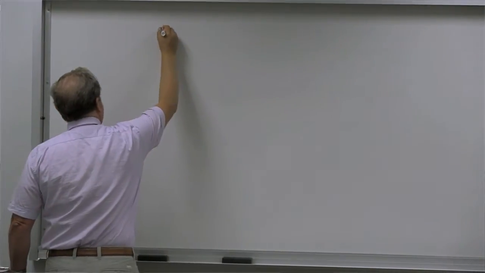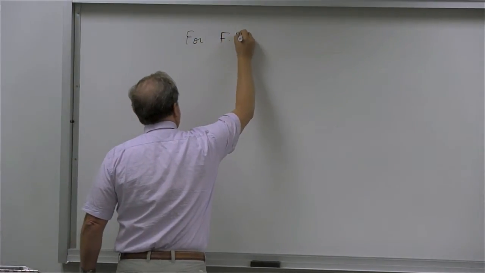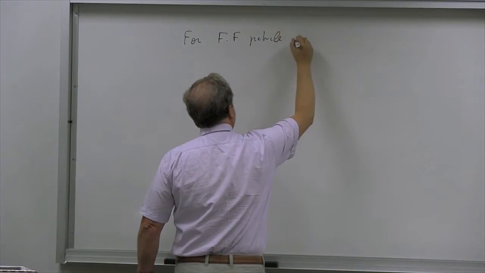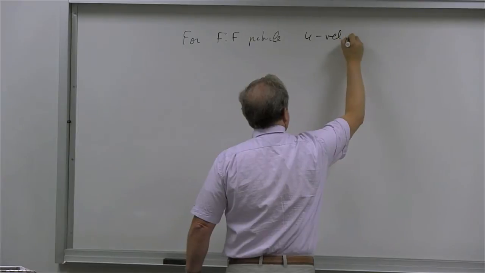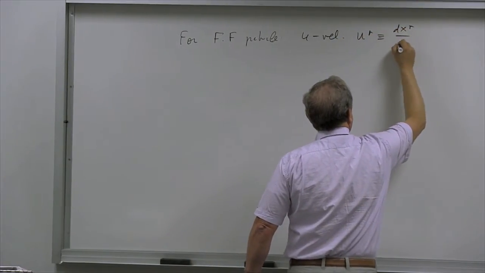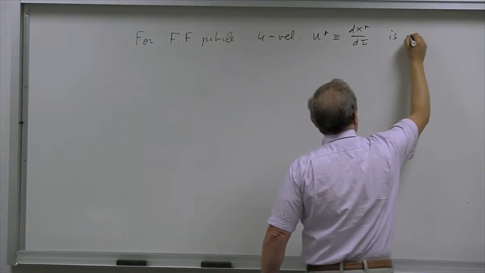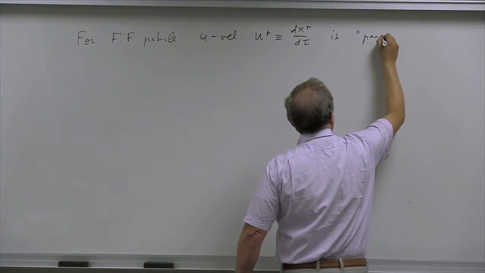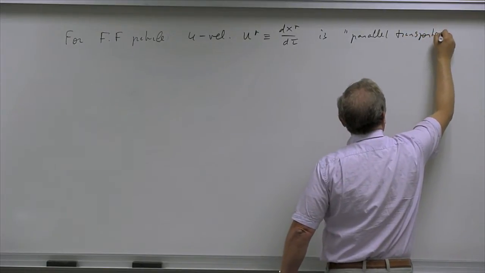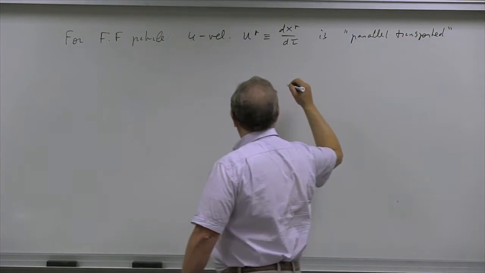So for a freely falling particle, the 4 velocity, u mu, which is defined as dx mu by d tau, is parallel transported along the path.